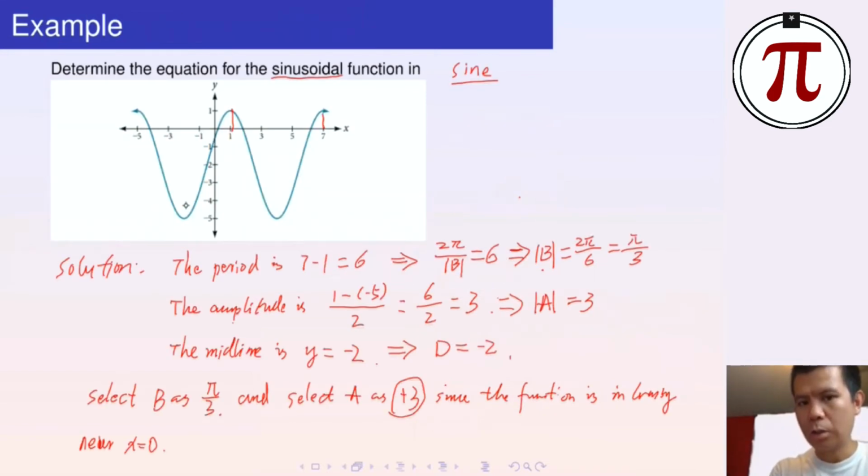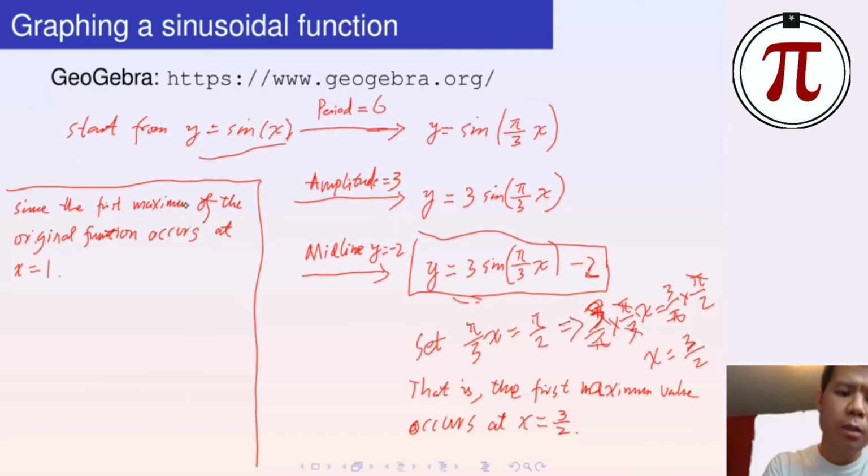So that's the maximum at 1. So we need a leftward phase shift by the size of what?